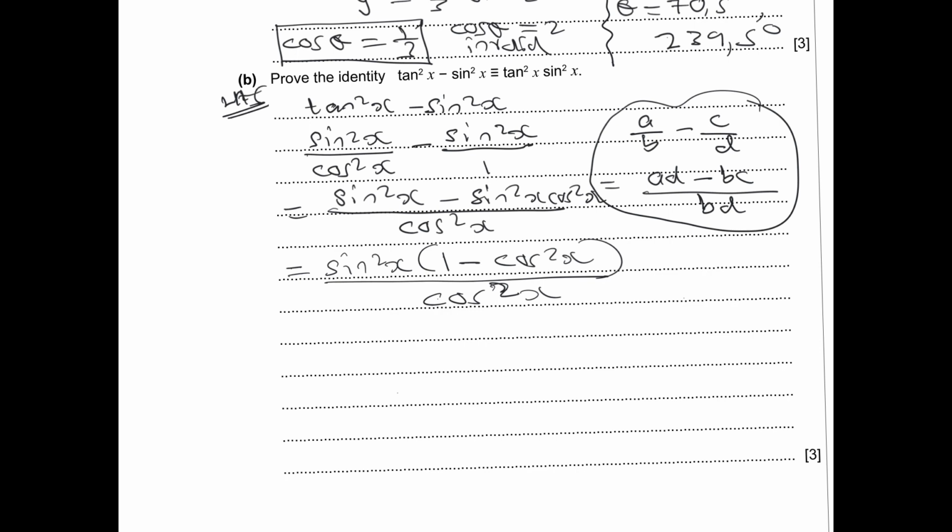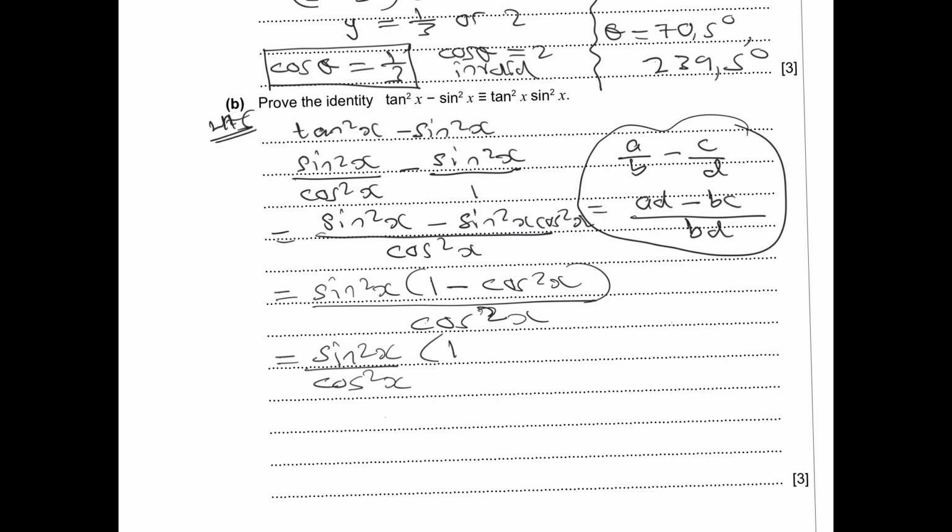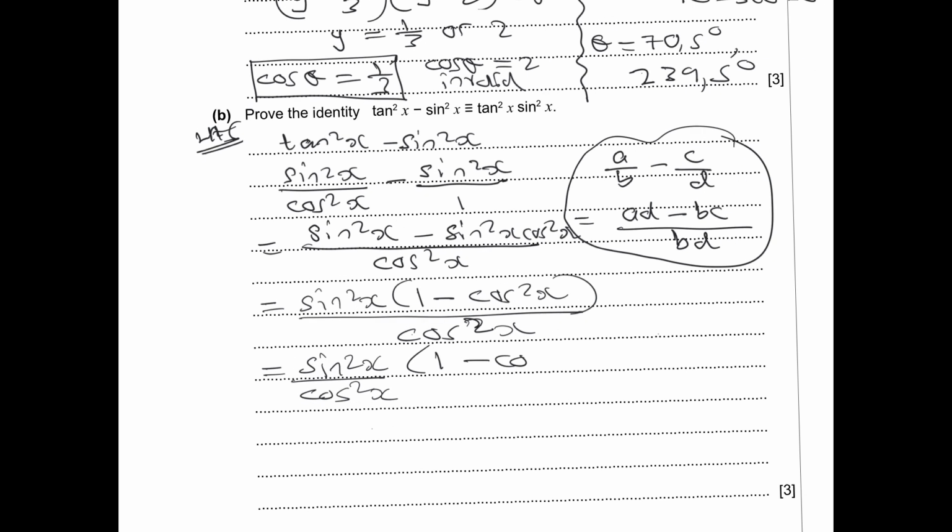All right. Now, remember sine squared x over cos squared x, that will give me tan squared x. And the bracket there will give me sine squared x.